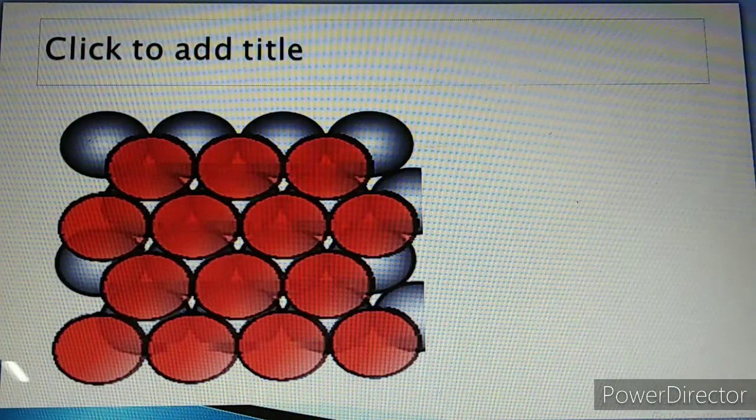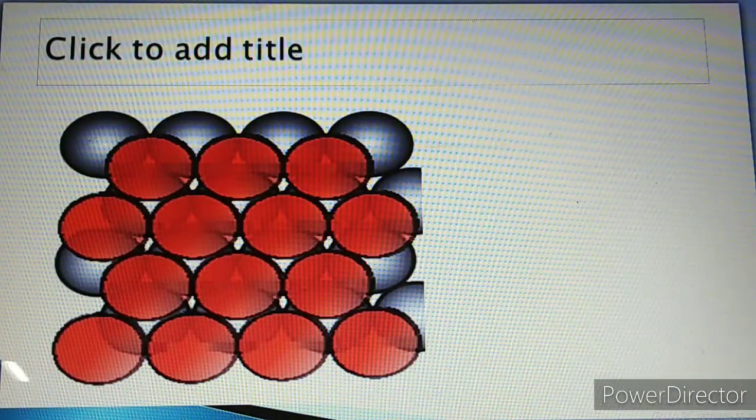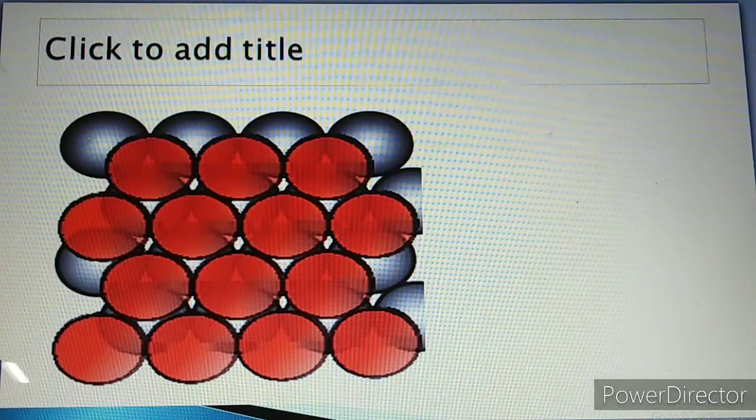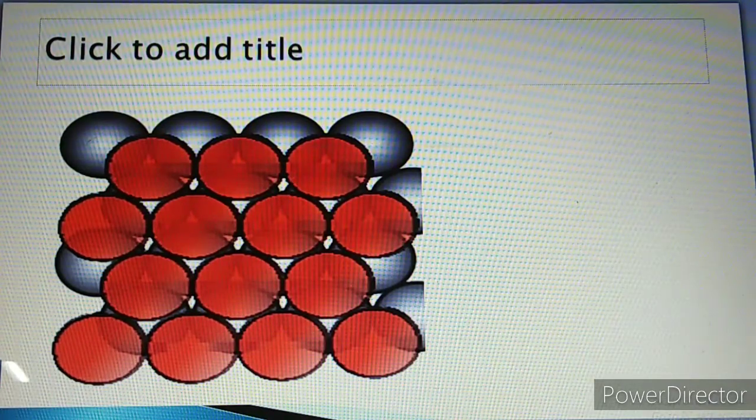If you observe the diagram, the violet color spheres are A type, while the red spheres are present in the depression of the first row spheres, that is indicated by red. And this type of three-dimensional arrangement is called the ABAB type arrangement.